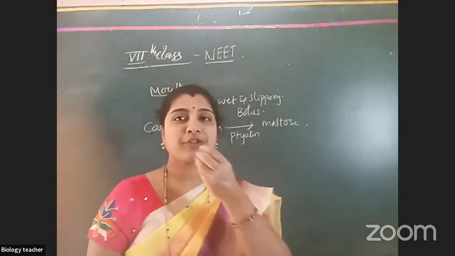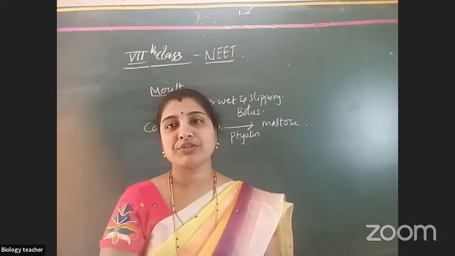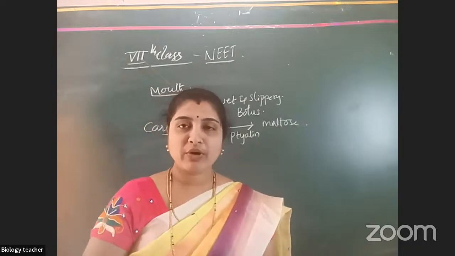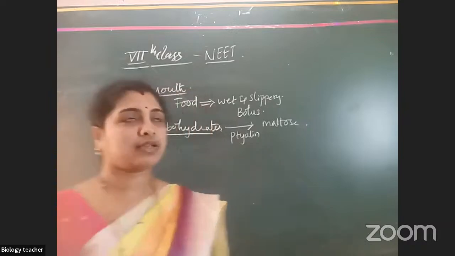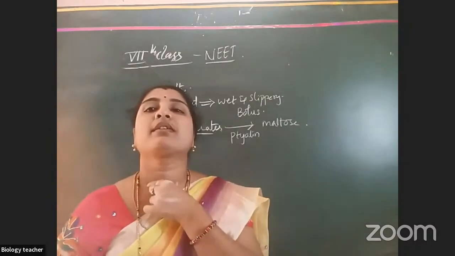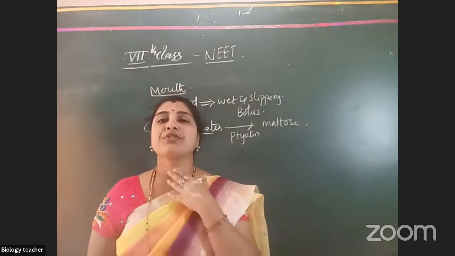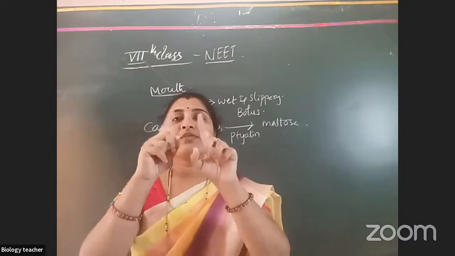After the mouth, the food, the bolus. The name of the food now in the mouth is known as bolus. Before eating, it is food. After eating, inside the mouth, it is known as bolus. And the bolus will move from here to the esophagus. Observe here, the esophagus. What is happening?